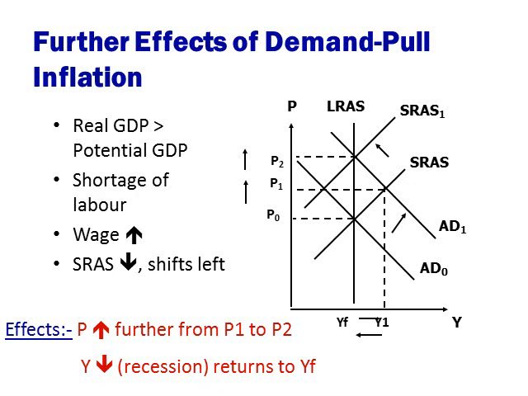Now, to continue our story on demand pull inflation, what happened just now was that the AD curve increased and then you were here, as shown by the mouse. Producing higher than your full employment output is not sustainable, because you're overproducing. At Y1, you're overproducing. What is happening on the ground is that you're overstretching your resources.